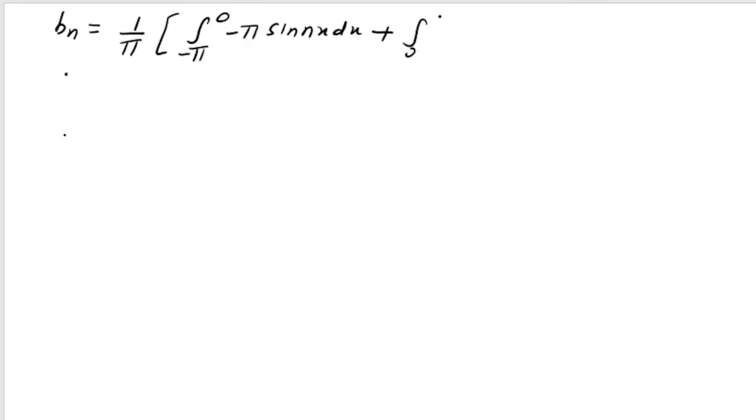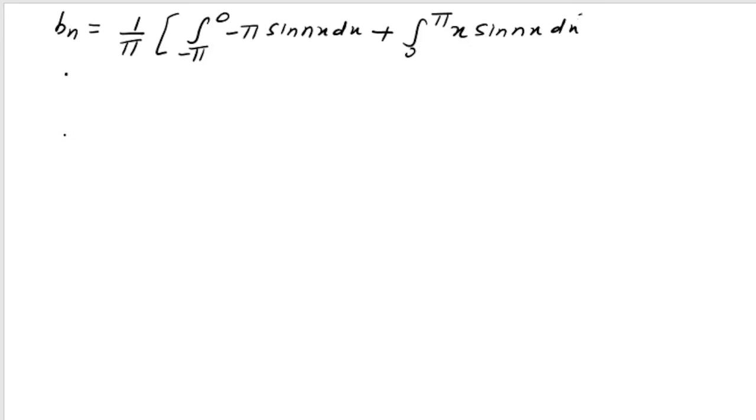Now I have to calculate the Fourier coefficient Bn. So to calculate Bn, again I will write 1 by pi, and I have to integrate it from minus pi to 0, and in this case it is minus pi, and here I have to write sine nx dx, and then from 0 to pi I have to integrate x sine nx dx.